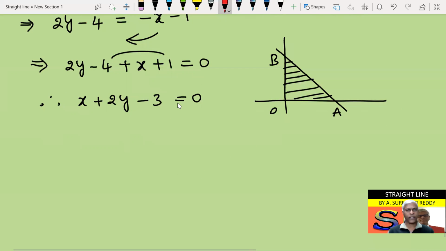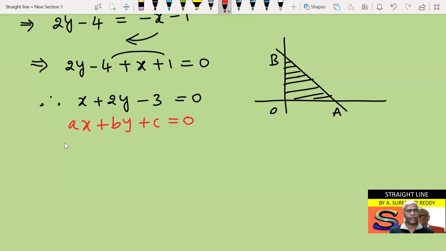We can find the area of a triangle by transforming the equation into intercept form. Then the x-intercept will be the base and the y-intercept will be the height. So half into base into height. Already we did that way. Also, we can find it by directly comparing this equation with ax plus by plus c.